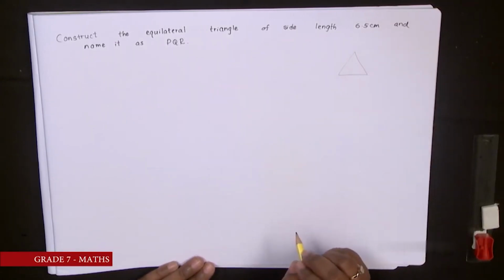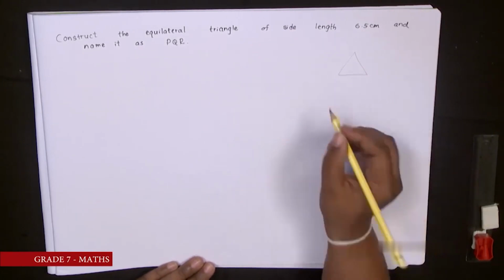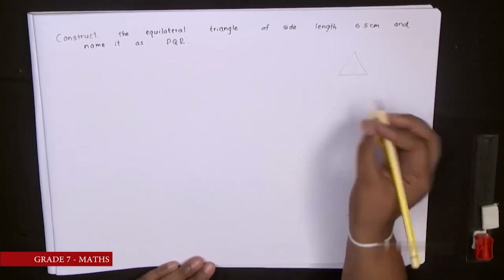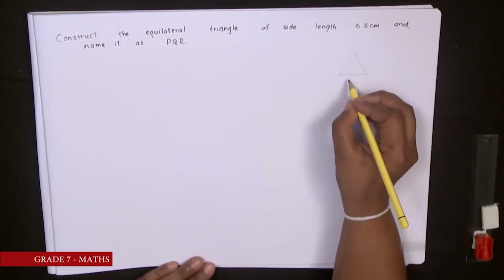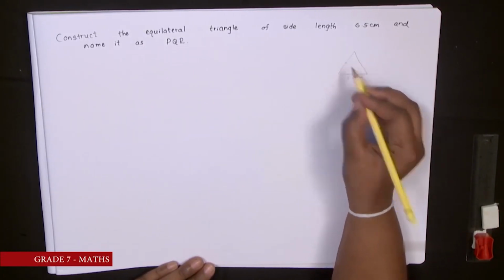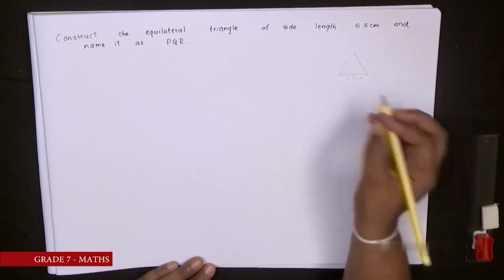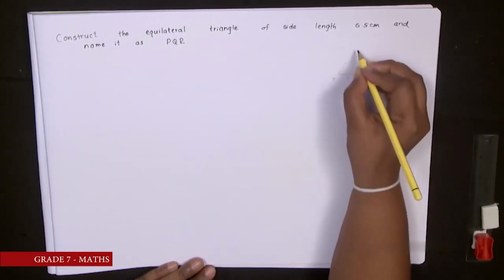It should not be perfect. You can draw it using the free hand. Right. The name of the equilateral triangle is PQR and the side length is 6.5 centimeters. All the sides should be equal in length and the name of it should be PQR.